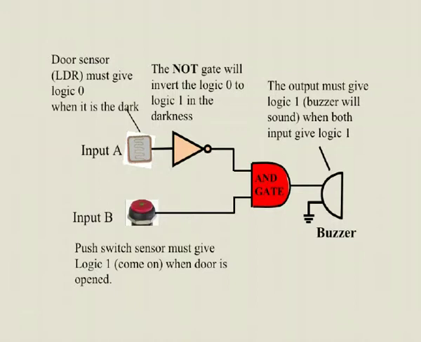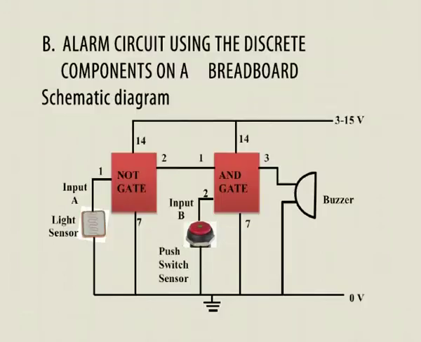This demonstration on the decisions module will be done in the next session. Now, apart from using the decisions module, we can also implement this circuit using discrete components on a breadboard.